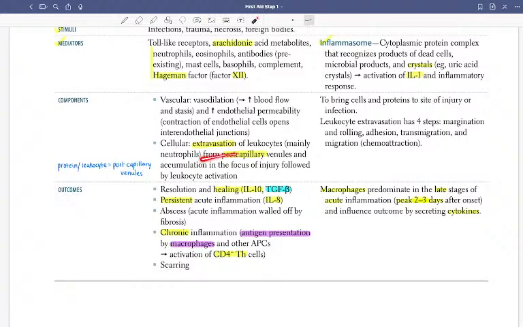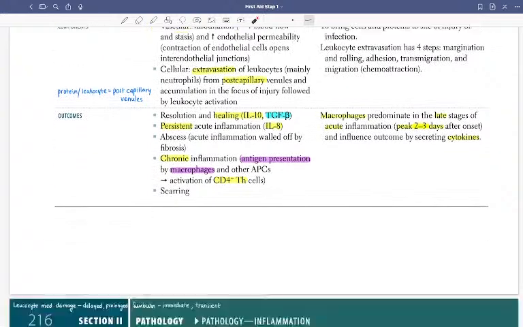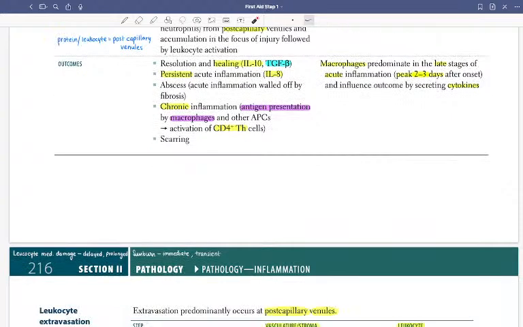Extravasation of leukocytes from postcapillary venules, all that is fine. Four steps: margination, rolling, transmigration, chemoattraction, and so on. The leukocytes come out from the post-capillary venules. So this part is not that important.